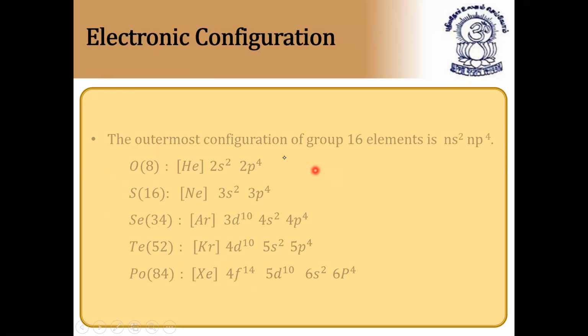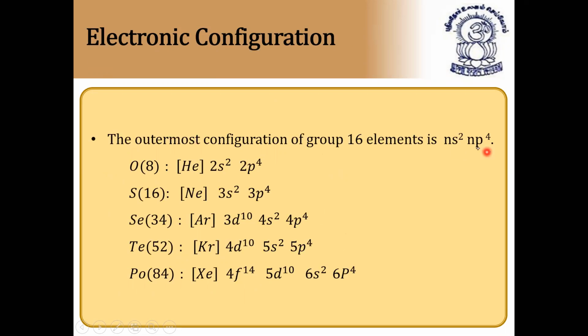The general electronic configuration of group 16 elements is ns2 np4. As I told you, they have 6 electrons in the valence shell. They belong to the p block because the differentiating electron, the last electron, enters the p subshell.